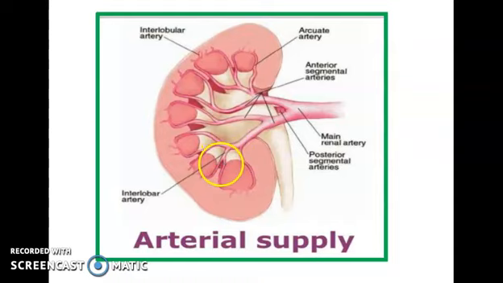Then it forms an arc here. This artery is called the arcuate artery, and from the arcuate artery, the artery which is going between the various lobules is called the interlobular arteries, and this finally ends into the end arteries.